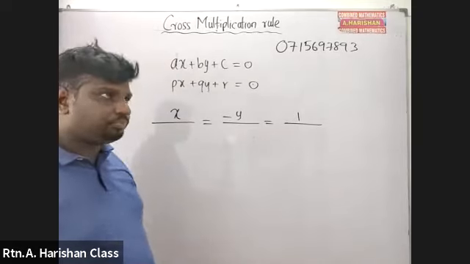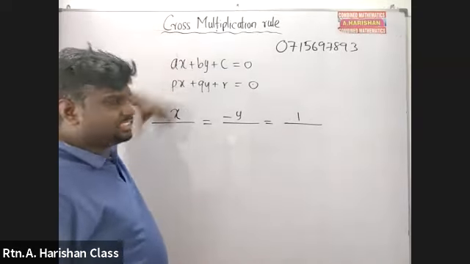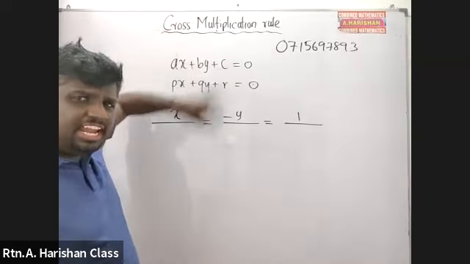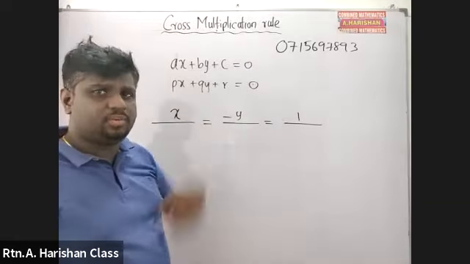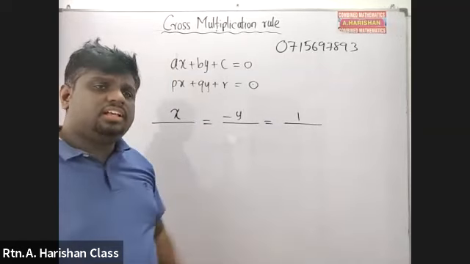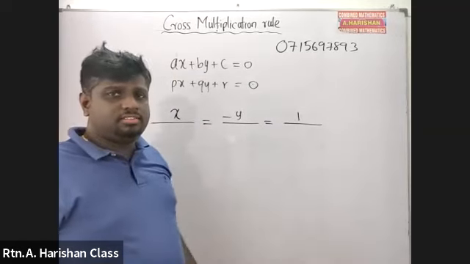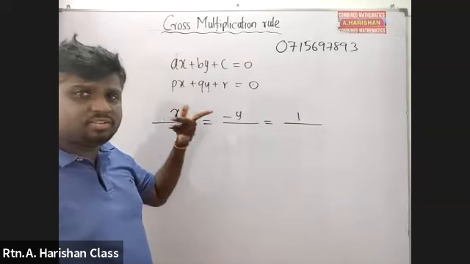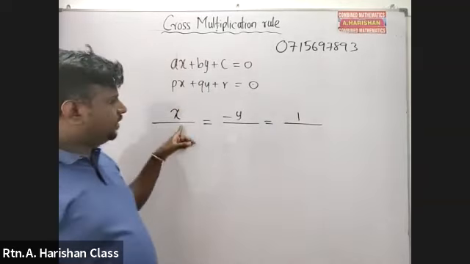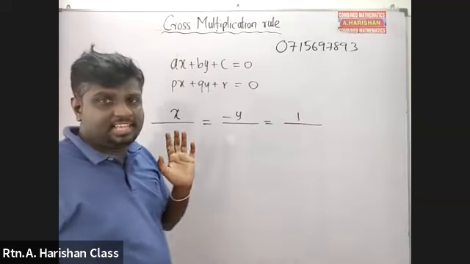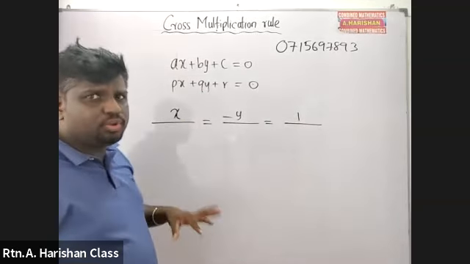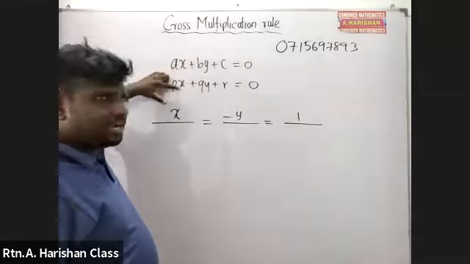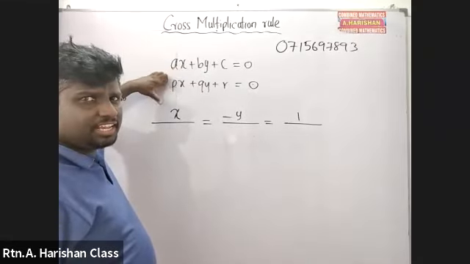Is it clear? It can be whatever equation, any kind of linear equation. This is a linear equation, any kind of simultaneous equation dealing with two variables, x and y. So we have to arrange it like this. And further, what we are supposed to do is find the common expression.